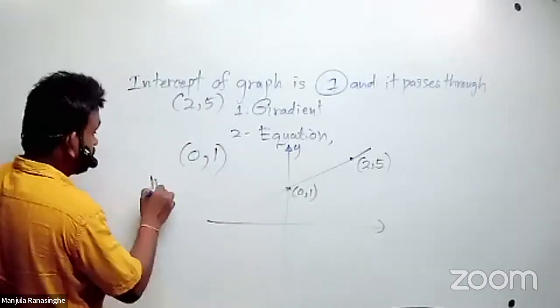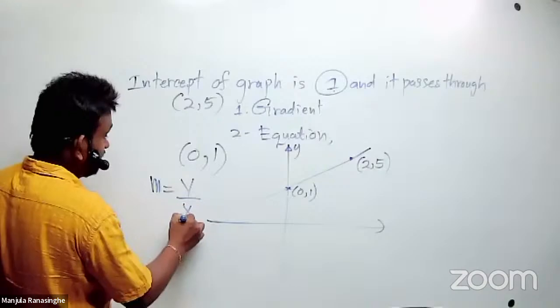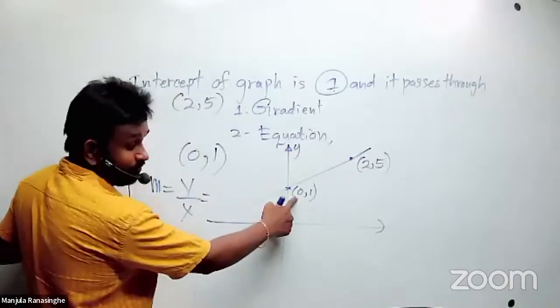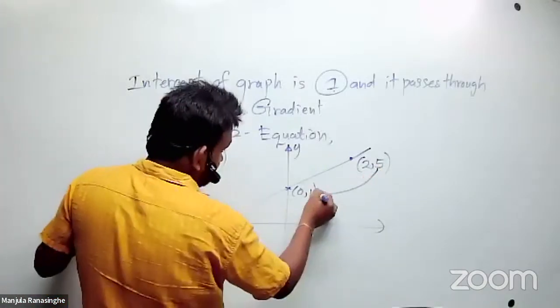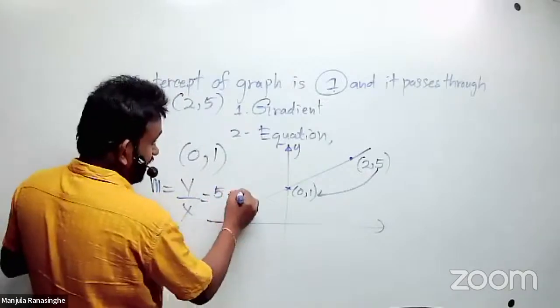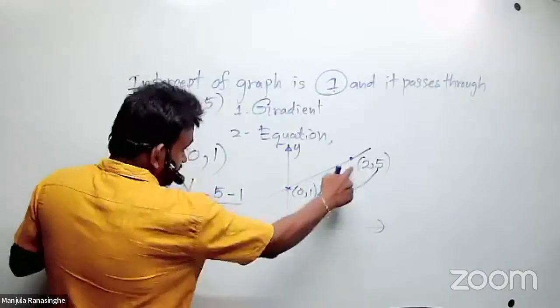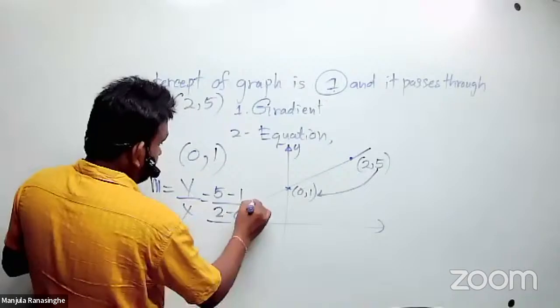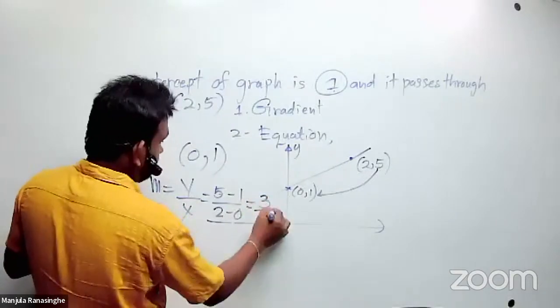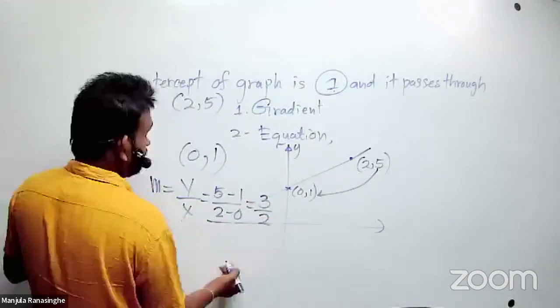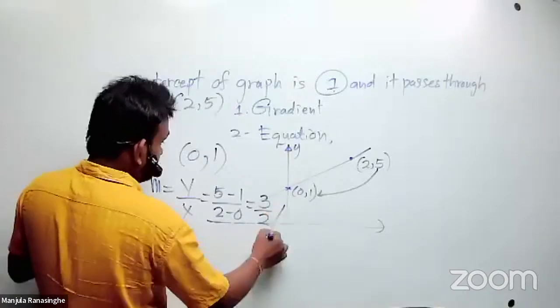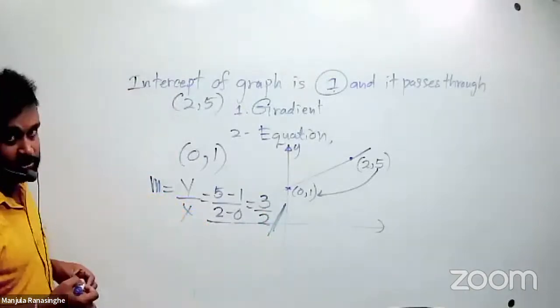How? m equals y difference over x difference. Now we converted the intercept to a coordinate. Take the difference of y: 5 subtract 1 upon 2 subtract 0. Then 5 subtract 1 means 4, hmm, 3 upon 2 subtract 0 means 2. So the gradient is 3 upon 2 as a fraction.